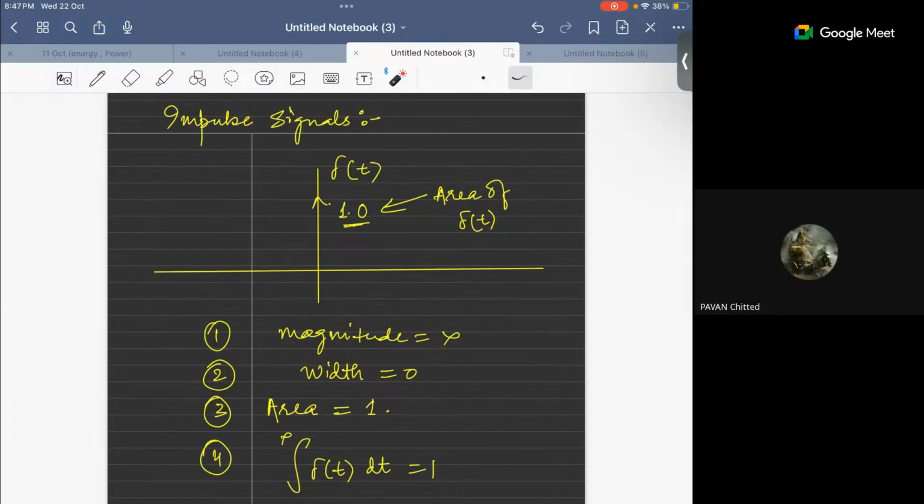That's why when we were differentiating from 0 to 1, there was a sharp increase, so we represented it in the form of an impulse signal. The magnitude at t equals 0 is infinite and the width is 0.